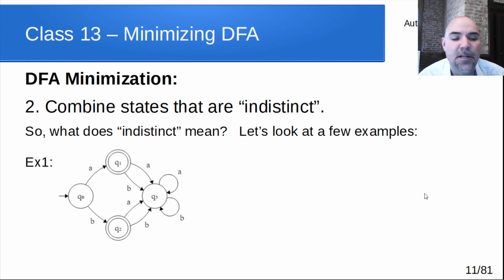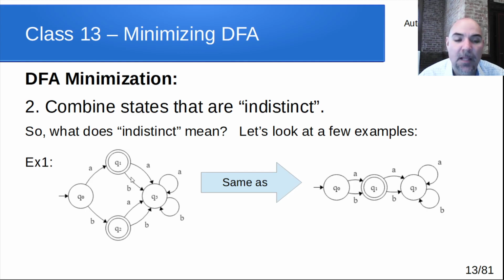So the first example here is looking at this example here. Are there any states that are indistinct? And in this case, it turns out that this is the same as that. In other words, Q1 and Q2 are indistinct from one another. Now, how do we know that?